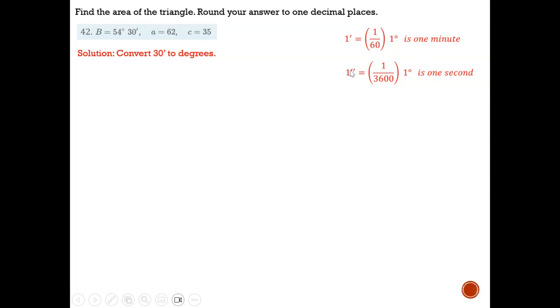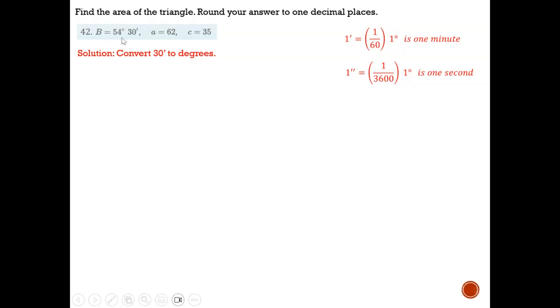Now it says, find the area of the triangle. Round your answer to one decimal place. Number 42 says angle B is 54 degrees and 30, and the little mark on top means minutes. If it was two of them, it means seconds. 1 minute is equal to 1/60 of a degree. A double prime means seconds, and 1 second is 1/3600 of a degree.